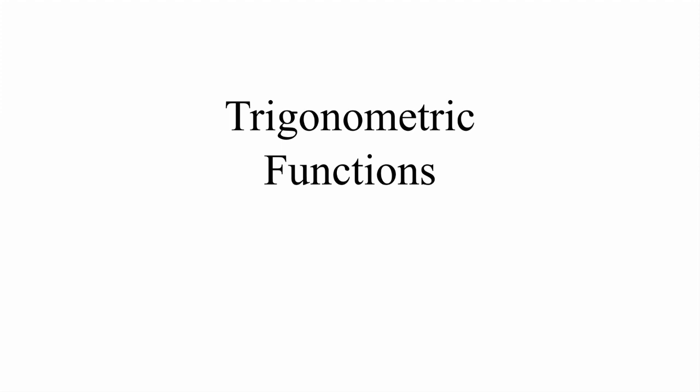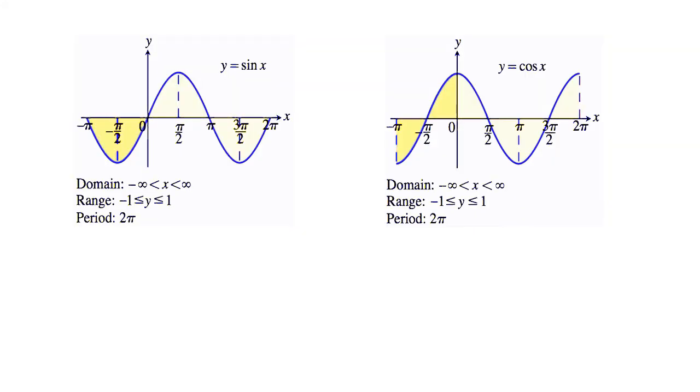Let's start by reviewing the graphs of the 6 trig functions. So on the left side we have y equals sine x, the most basic sine graph that we can produce. The domain of this function is all real numbers, negative infinity to positive infinity. The range of this graph, notice that the y values go no lower than negative 1, no higher than positive 1, so the range is negative 1 to positive 1 inclusive.